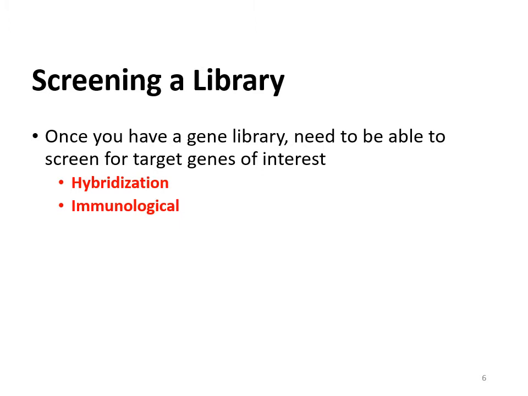With immunological screening, you're using antibodies to screen for gene products, the proteins produced by the genes. So hybridization, you're looking for DNA. Immunological, you'll look for particular proteins.